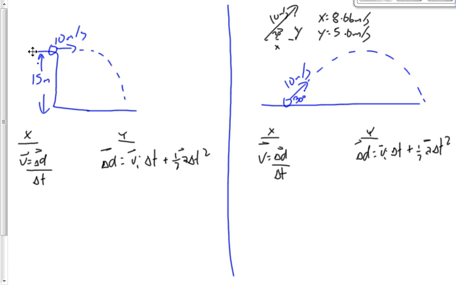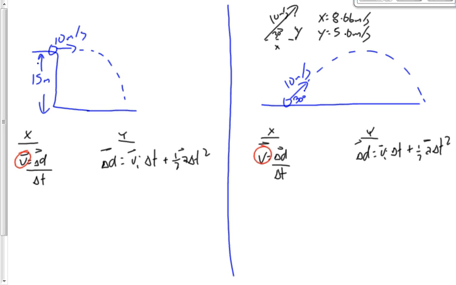Let's point out some differences now, though. The first difference is the x velocity. The x velocity in the first problem here is 10 meters per second. It's the number that we're given for the x velocity. We don't have to do any calculation with that. You've got the number 10 meters per second, plug it in. For this one, you've got to do something with it.